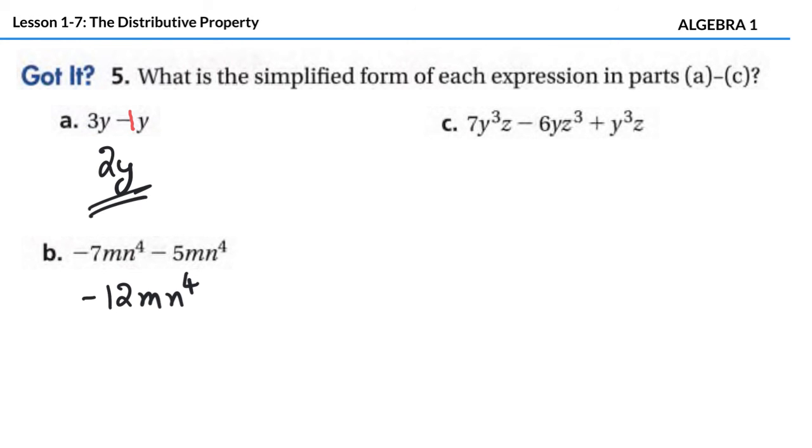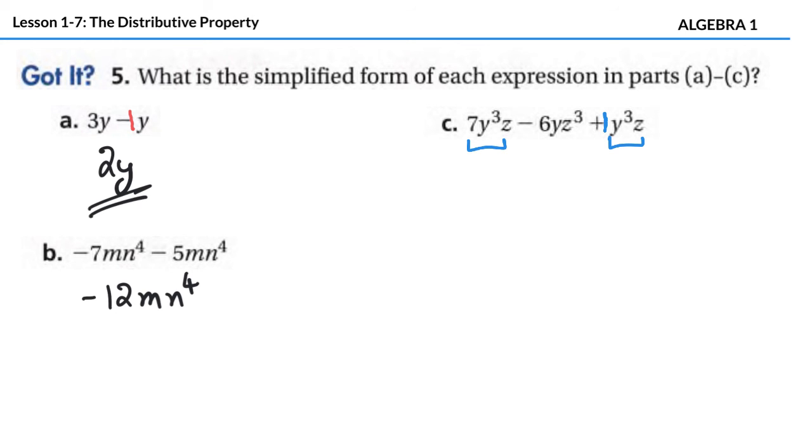Try this. 7y cubed z minus 6yz cubed plus y cubed z. Are there any like terms? So let's figure out. Is there a like term for 7y cubed z? Yes, y cubed z. Remember, when there's no coefficient written, it is 1.